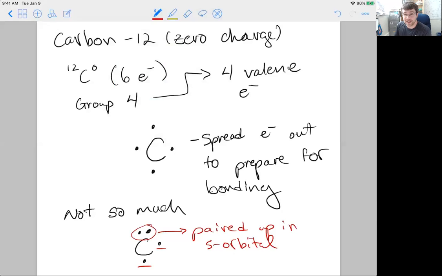I can't really say that you're too incorrect, but as we progress through these lectures and look at how atoms become molecules and how they bond together to form covalent bonds, we see something called orbital hybridization, where orbitals that were once different in energy, like the s and the p orbitals, mix together to become equal in energy, allowing us to spread the electrons out much more, and in effect prepare for bonding and accomplish bonding.